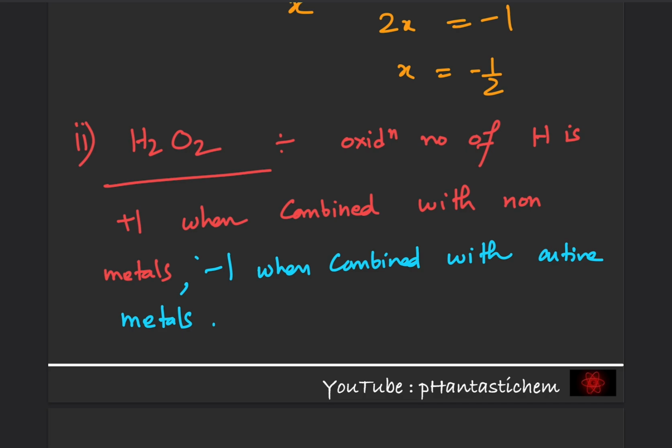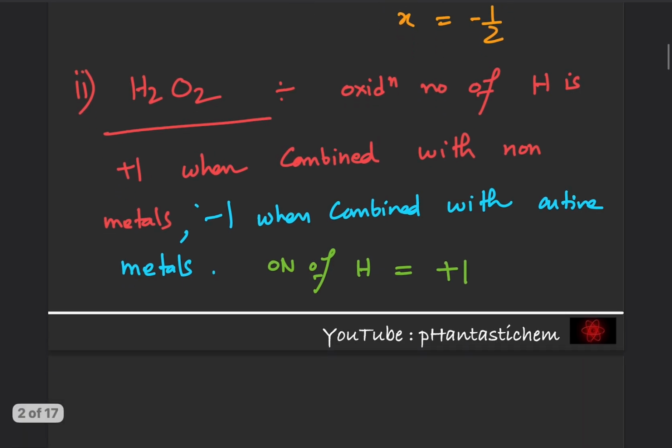In our case, oxygen is a non-metal, so hydrogen is combined with a non-metal. Therefore the oxidation number of H is going to be +1.